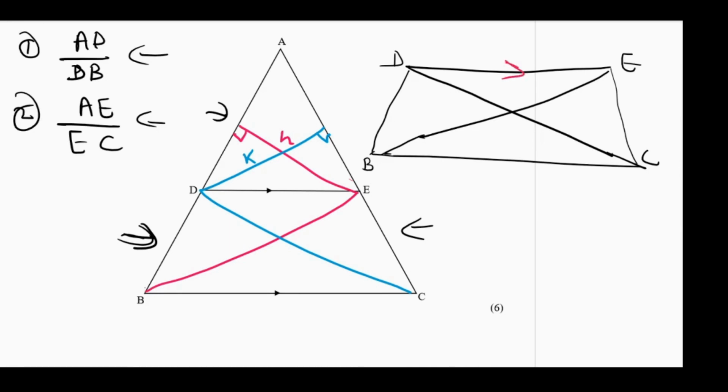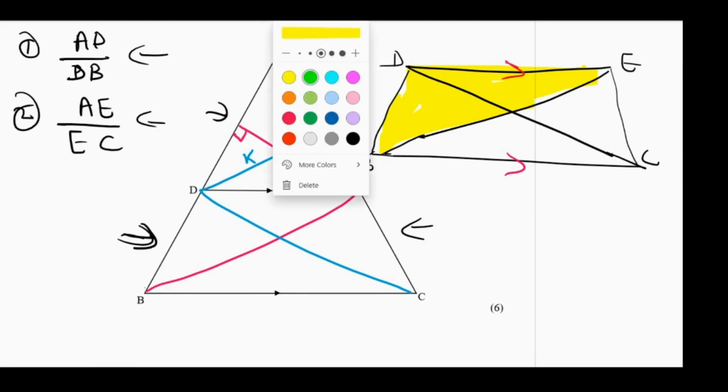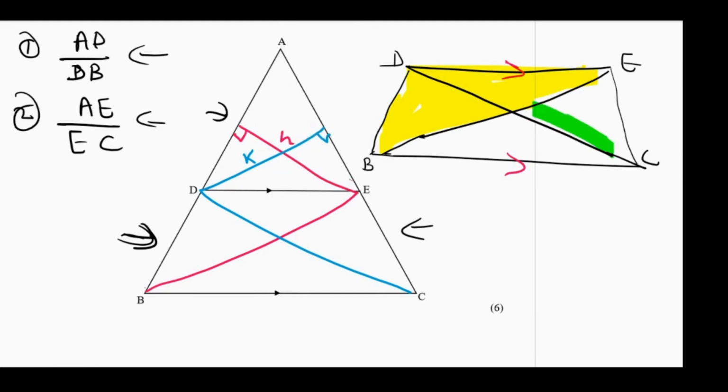So this is parallel to this one. When you have parallel lines, this triangle DEB that I just shaded shares the same base with the other triangle, which I'm going to shade in green. They share the same base, and the base is DE.